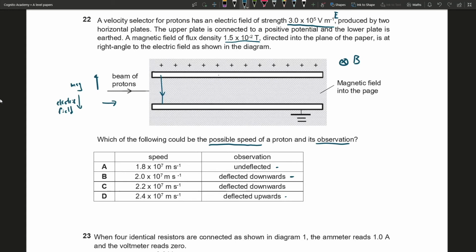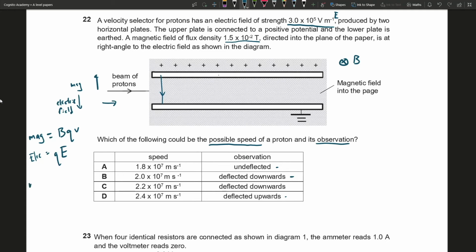Let's find the forces. The magnetic force is given by BQV, where B is the magnetic field strength, which we are given as 1.5 times 10 to the power minus 2 Teslas, Q is the charge of our protons, and V is the velocity of our protons. The electric force is just equal to the strength of our electric field times Q, so QE.